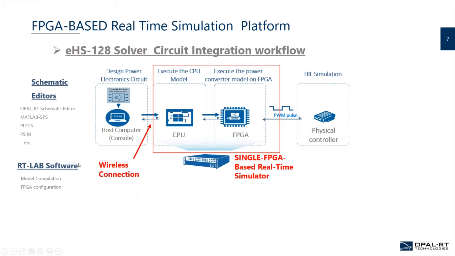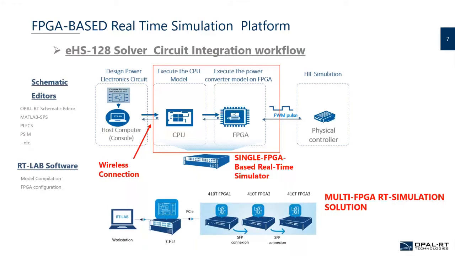So the circuit is loaded and the simulator is ready to be connected to a real device under test through the digital and analog input-output modules, or through the available communication protocols. So this is for one single FPGA-based real-time simulator, and the solution is scalable.